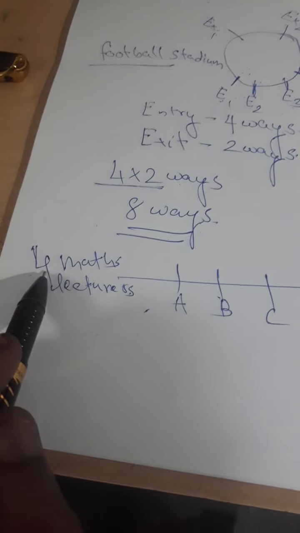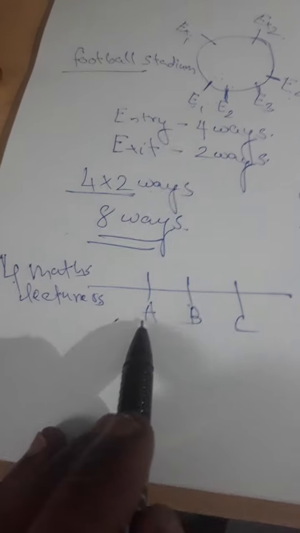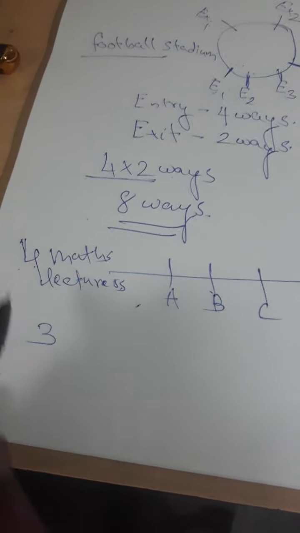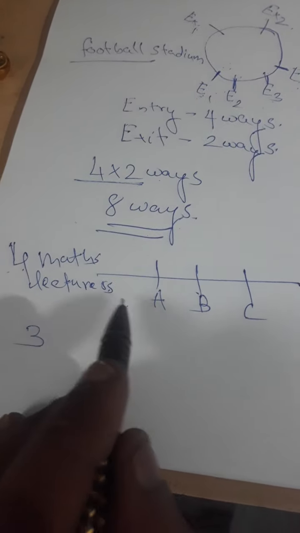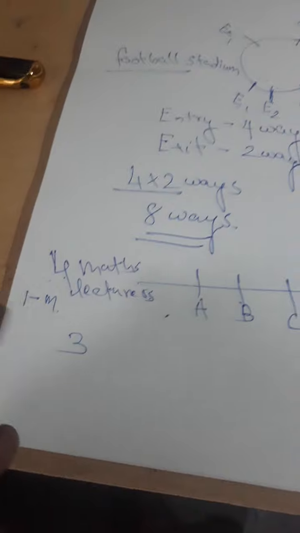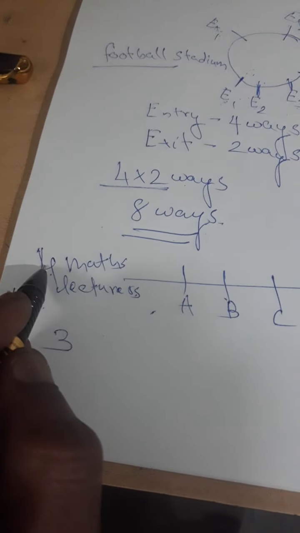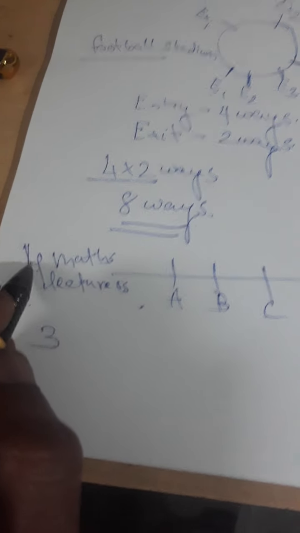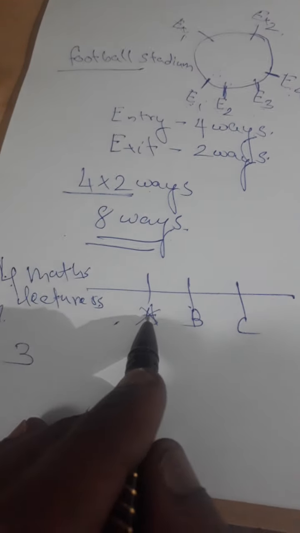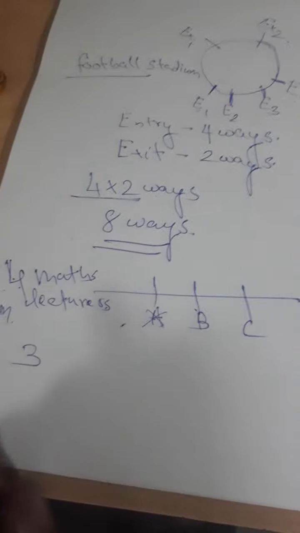The first mathematics lecturer can choose any one of the 3 classes, so it is 3. After this lecturer has chosen the class, there are 3 lecturers left and 2 classrooms left. Suppose he chooses the class A.